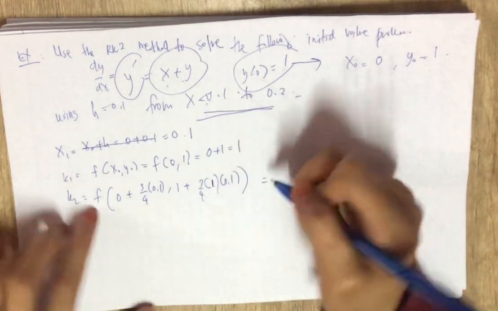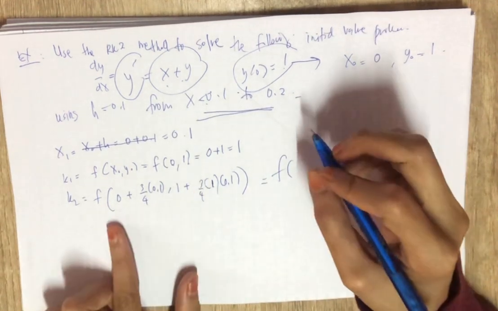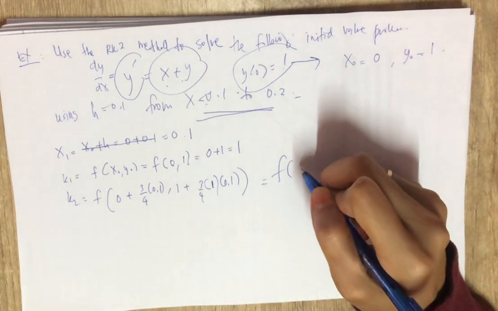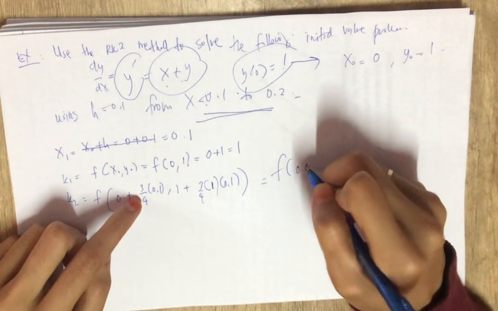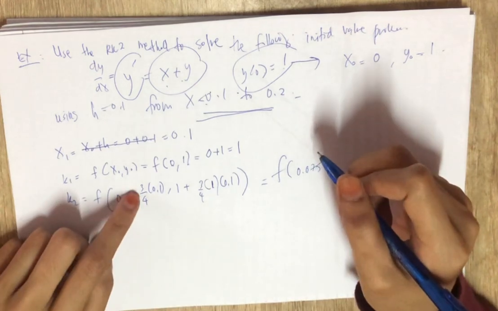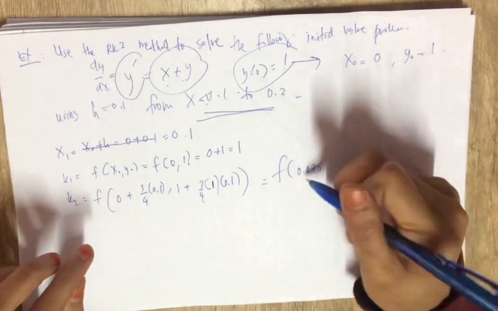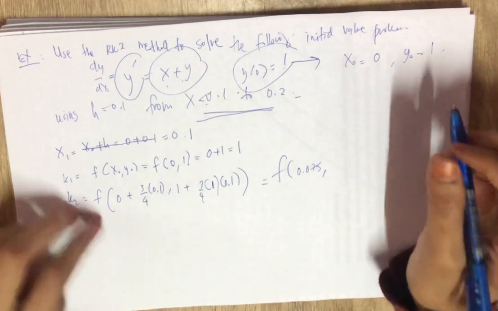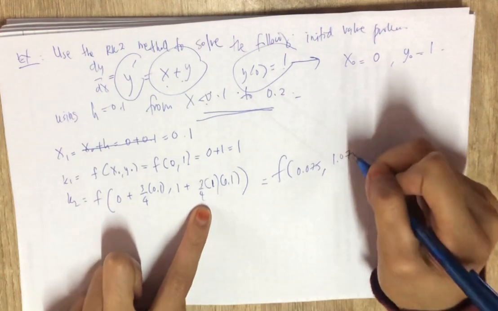So you fill up and you will get 0.075. If you want to use a fraction that's fine, but if you get a fixed point, I think it's better to just write the decimal. This one is also the same thing, so 1.075.